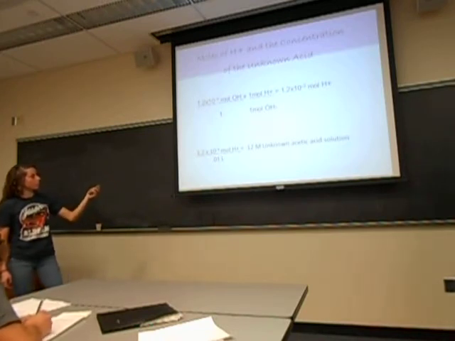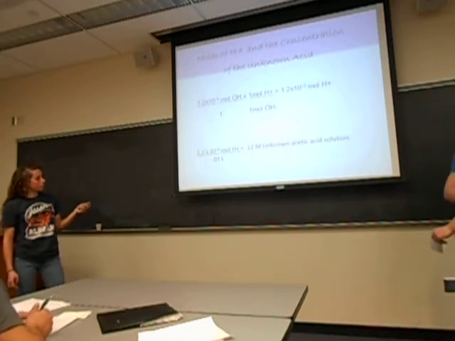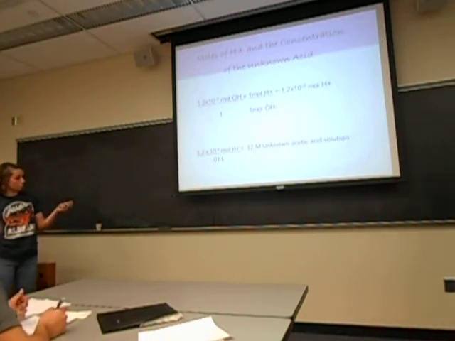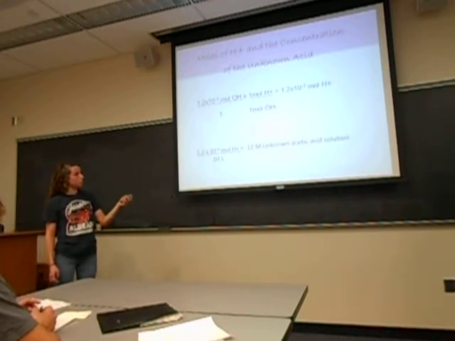We took the 1.2 times 10 to the -3rd moles of OH, so the moles cancel out, and you get moles of H plus. Then we used the 1.2 again to get the molarity of the unknown acid in solution.